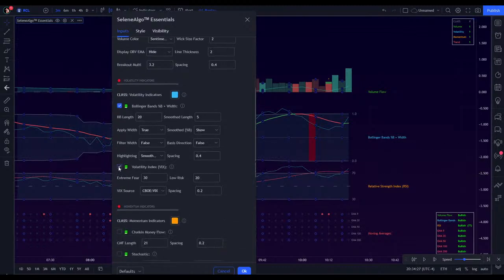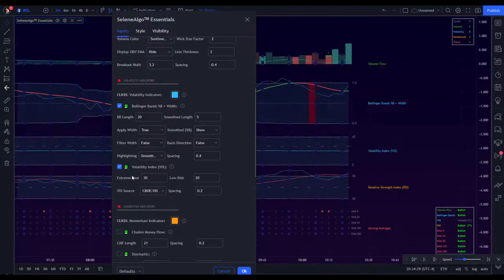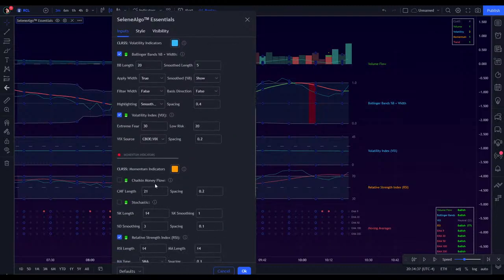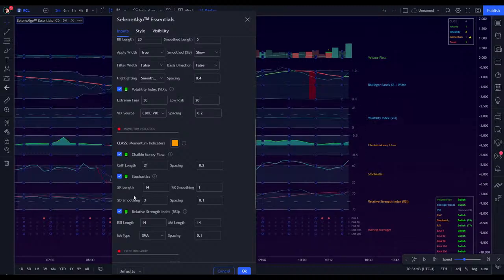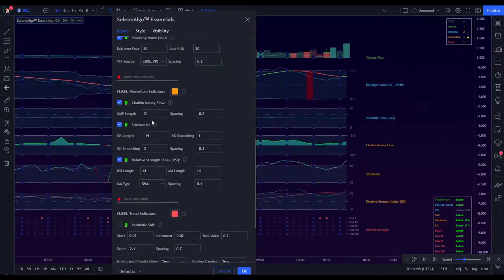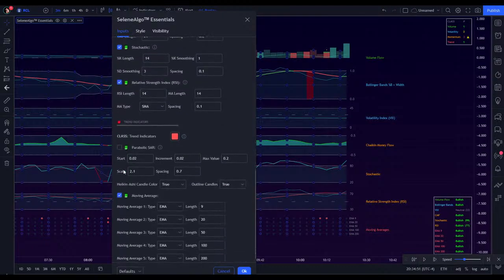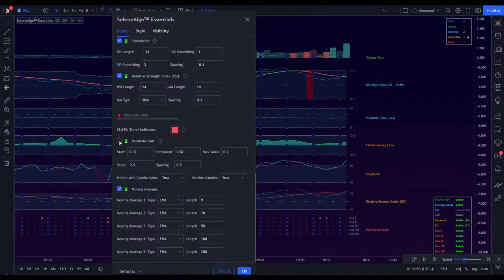We also have the VIX, which is, as you guys should know, a Vanguard index measuring volatility. We have our momentum indicators, which include the Chaikin money flow, the stochastic, as well as the RSI. So we have 3 different indicators within the momentum indicators. Specifically, in the trend indicators, we have the parabolic SAR, as well as 5 different moving averages.